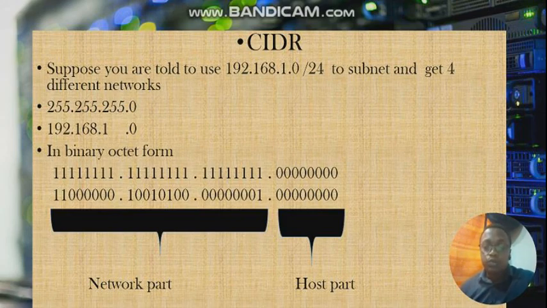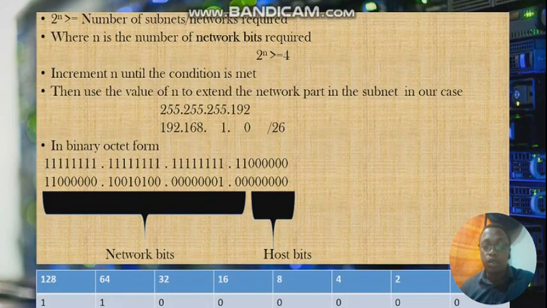Now, when we have this, what we need next is our formula. The formula for achieving subnetting using classless interdomain routing is 2 raised to the power of n is greater than or equal to the number of subnets or networks that you need to create, where n is the number of network bits required to be able to accommodate these 4 networks in that one network.